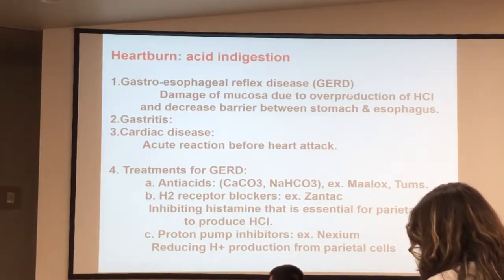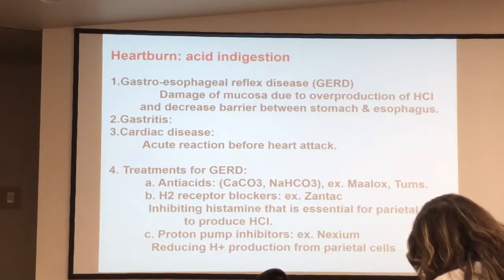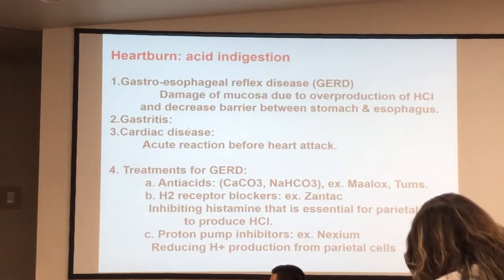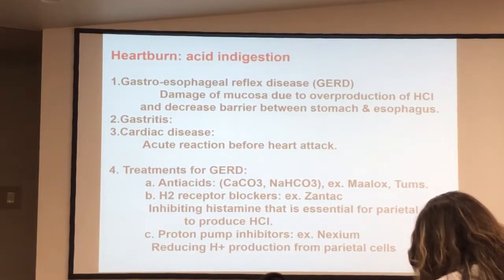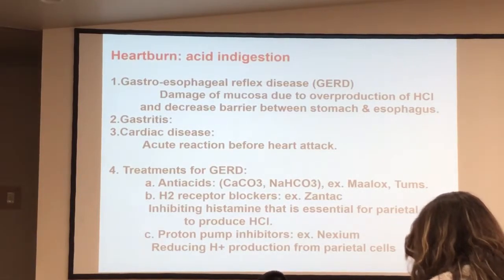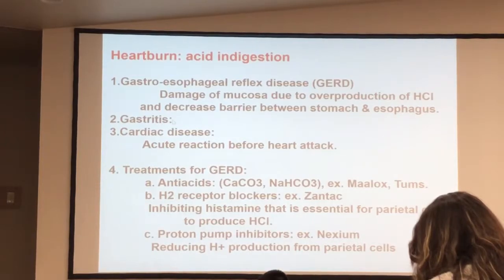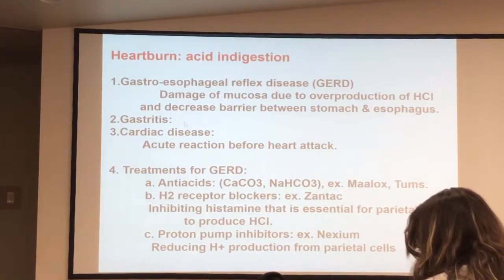Sometimes it goes to your mouth, you feel so acidic, and you may take an antacid, over the counter. Another is gastritis, where you have a bacterial infection. The bacteria like the low pH environment. In this situation you need antibiotics to kill the bacteria.